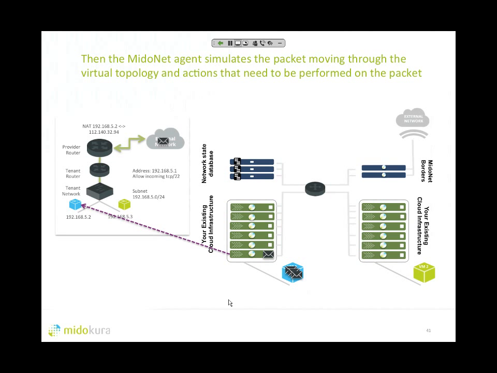So it'll simulate the packet going through the virtual topology towards the external network. Again, any rules that need to be applied, like security group rules indicated by the tenant, or the floating IP mapping, would be done by that ingress host.